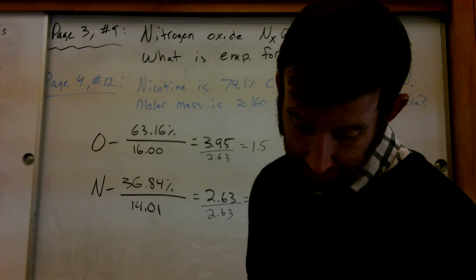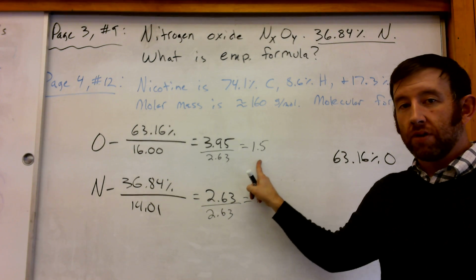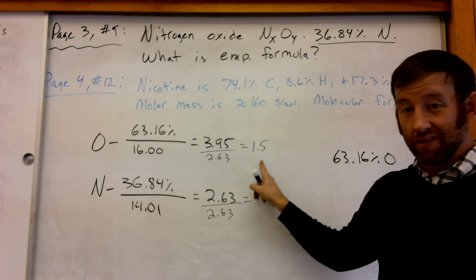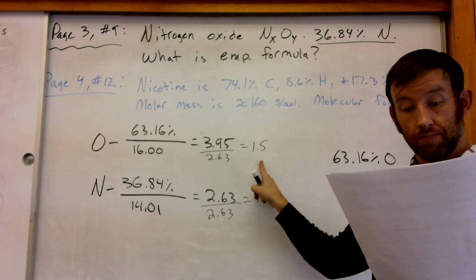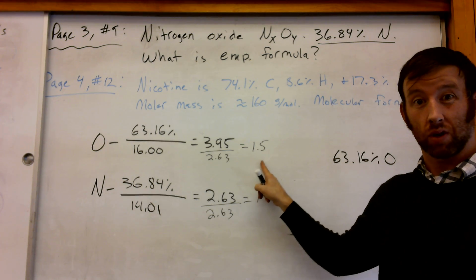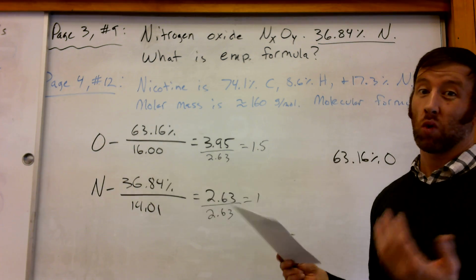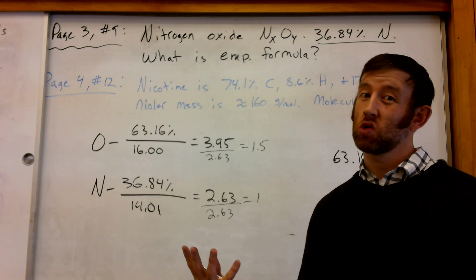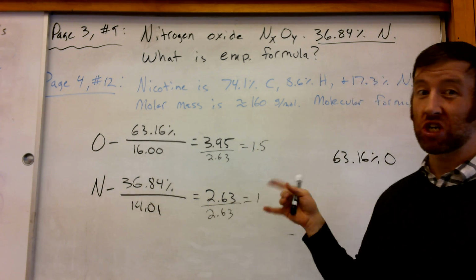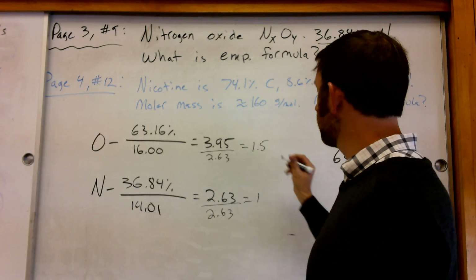Now, what did I tell you if a number comes out to 1.5? Do you remember that? Typically, we're rounding these to the nearest whole number. When it comes out right in the middle like that, we have to adjust our ratio a little bit. So when it comes out in the middle like this, we multiply both numbers by 2.